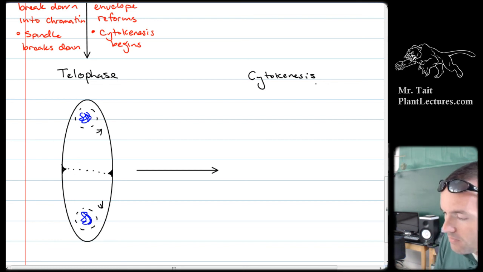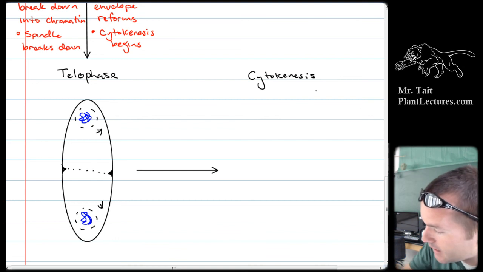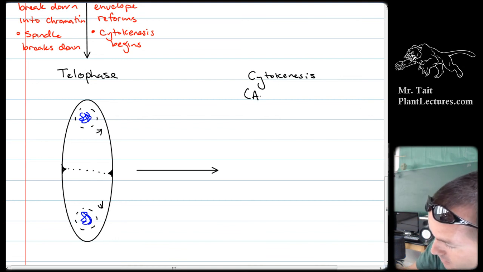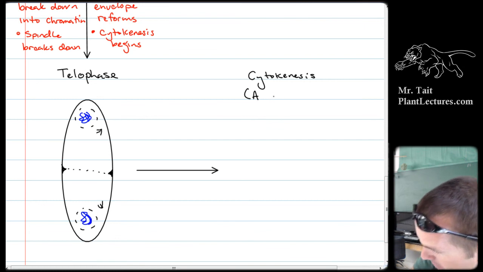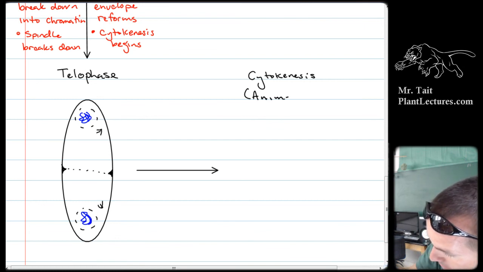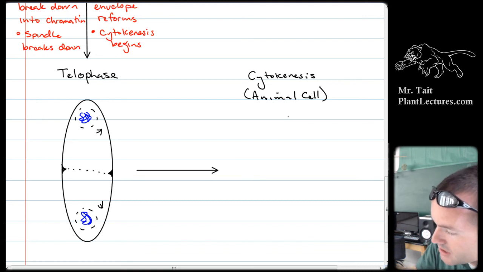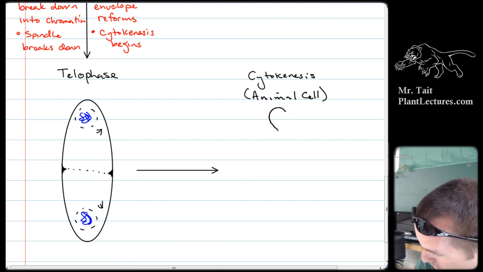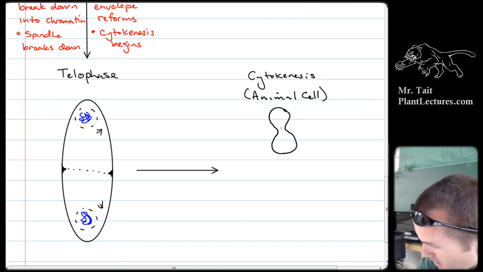Okay. So the first type that we're going to look at here is an animal cell. And in animal cells, they're going to look something like this.